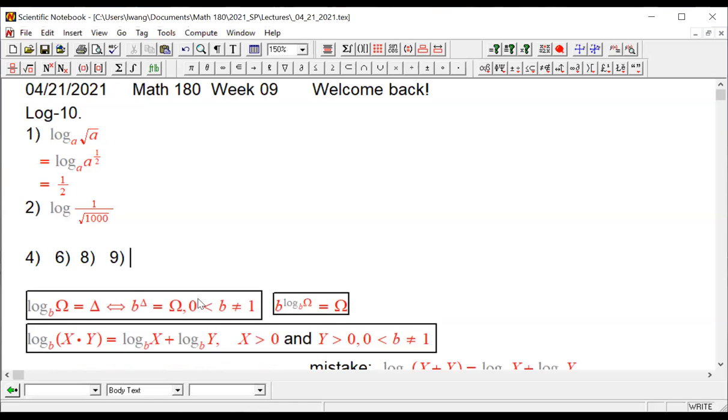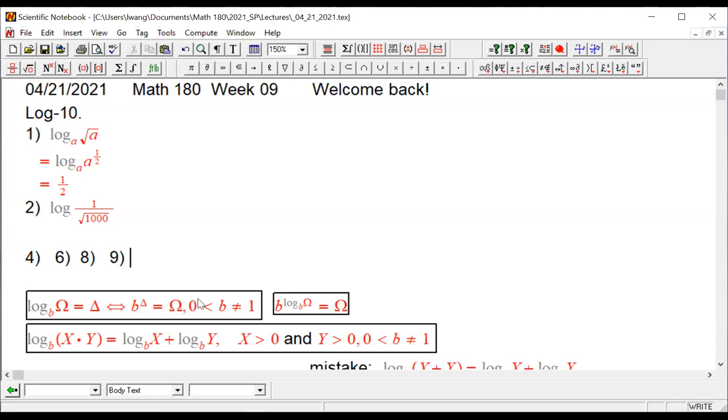The fundamental is the definition. The most basic is the definition. Whenever you get stuck with logarithm questions, here's my advice. You may get stuck here and there once in a while when you deal with logarithm.